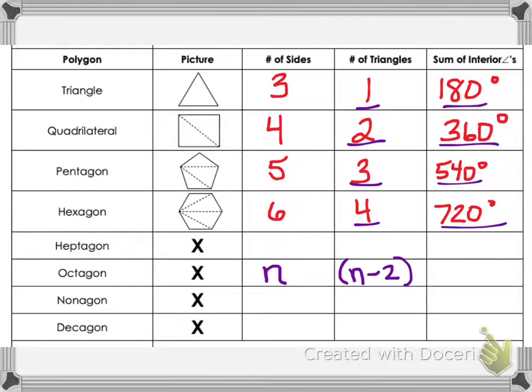It's n minus 2. And the sum of the interior angles is 180 times the number of triangles. So it's 180 times n minus 2.